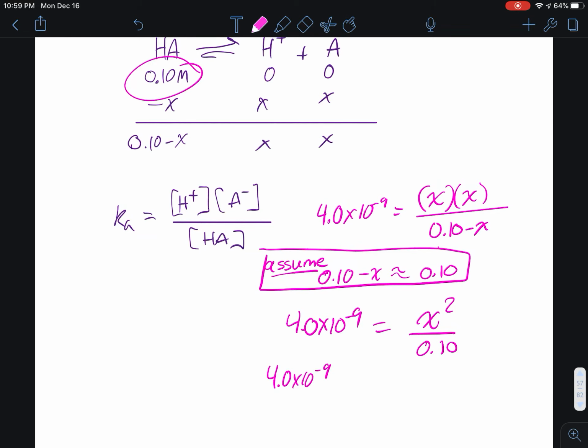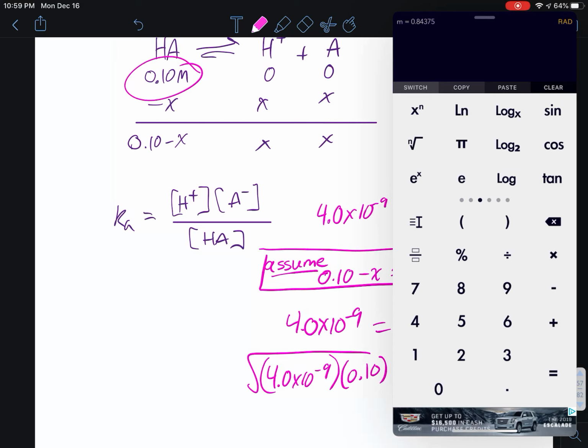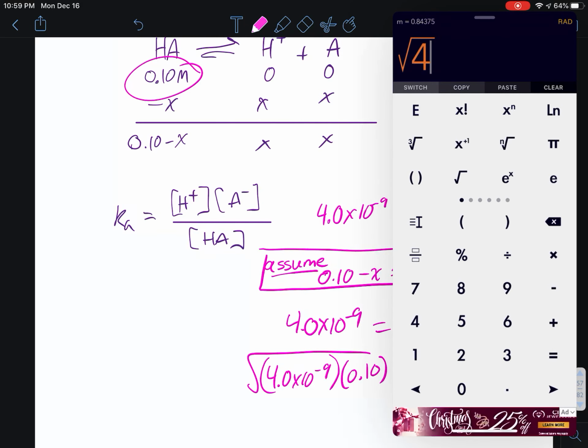Well, that's great, because now I can cross multiply. I can do 4.0 times 10 to the negative 9, and I'm going to multiply that by 0.10, and that'll give me still x squared. Eventually I'm going to take the square root of those, and then I'm going to pull up that calculator again and see how I do.